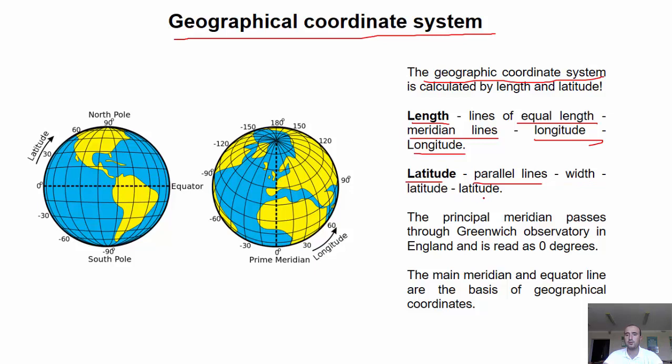The prime meridian passes through the Greenwich Observatory in England and is read as 0 degrees. The prime meridian and equator line are the basis of geographical coordinates.